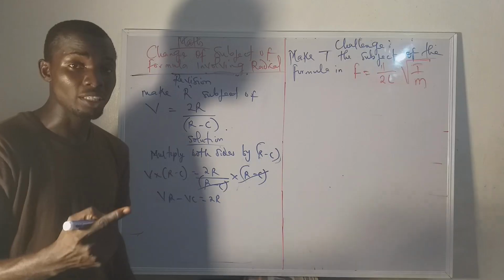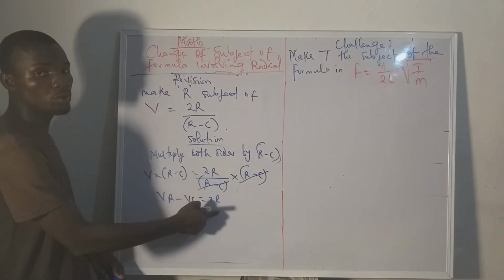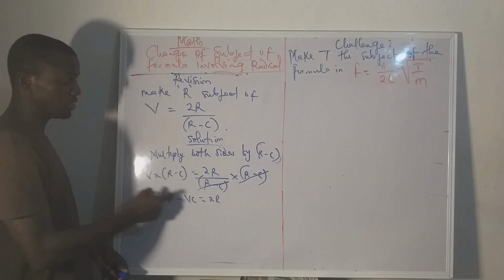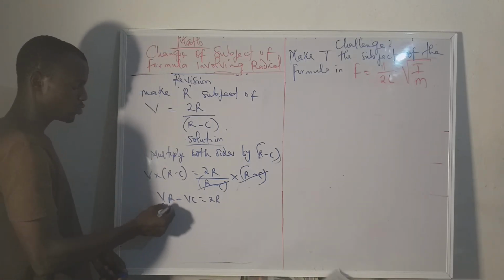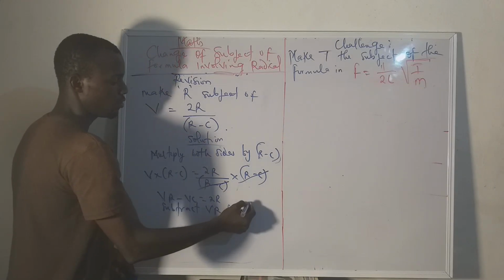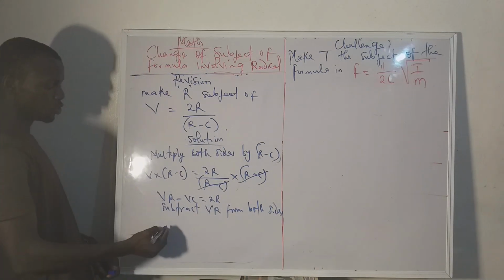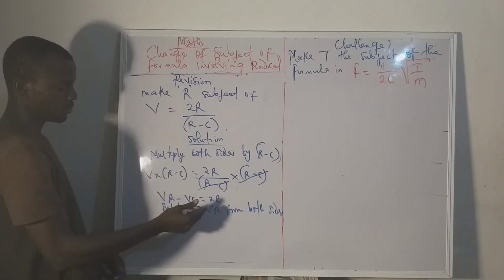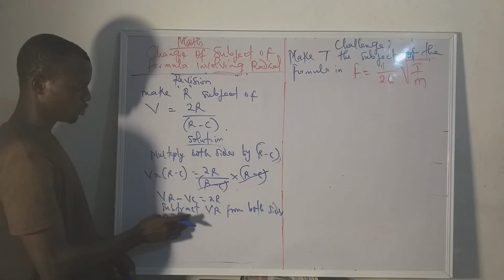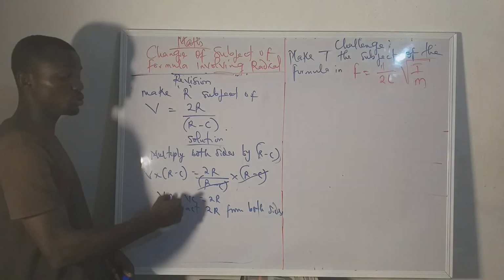Remember, your goal is to isolate the terms of R, and so what we are going to do is ensure this one goes like this. And what is the operation here? We subtract. This one is added to this expression, so I'm going to say subtract VR from both sides, and that becomes subtract 2R, because I want this one to go like that.